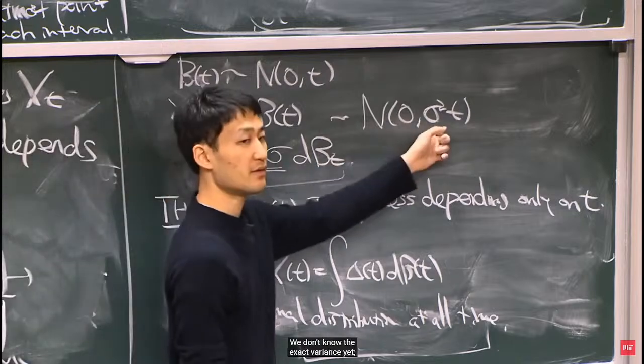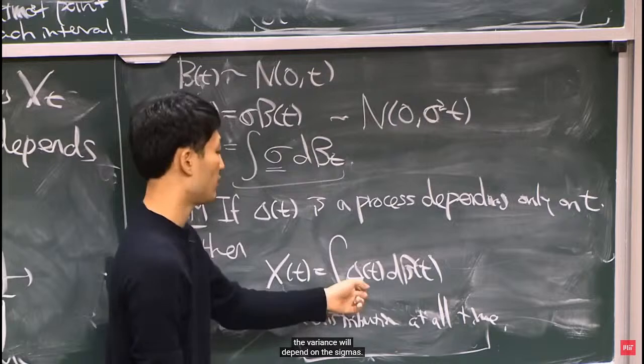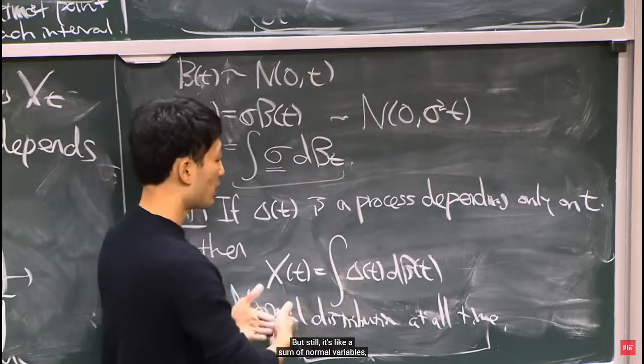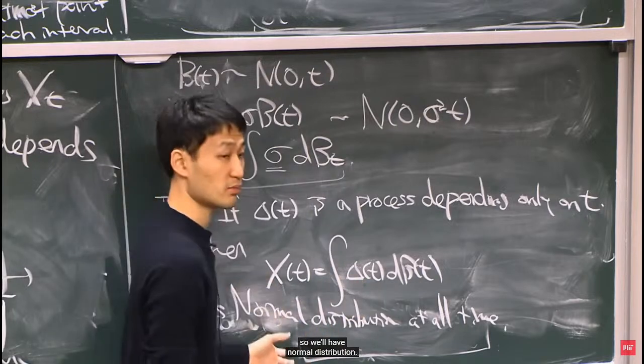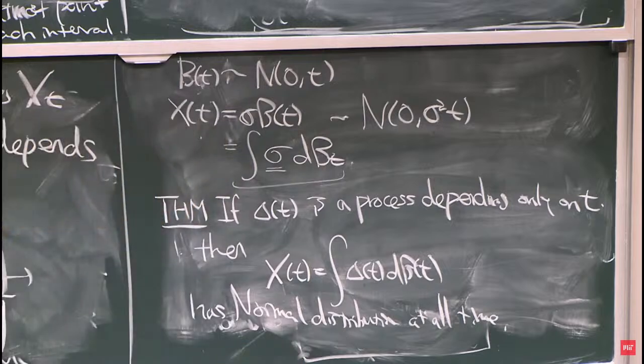We don't know the exact variance yet. The variance will depend on these sigmas, but still it's like a sum of normal variables, so we'll have a normal distribution. That's one fact, and it just gets better and better.